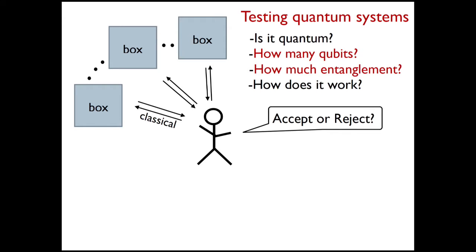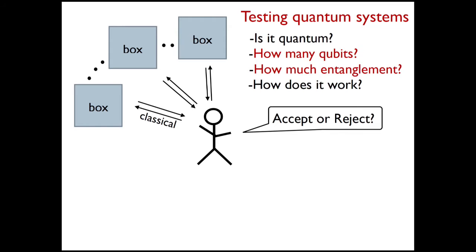Of course, we also want to know how many qubits or how many entanglements they possess. And if given a cryptographic device, it will be necessary to test and understand how it works, in order to avoid numerous side-channel attacks.